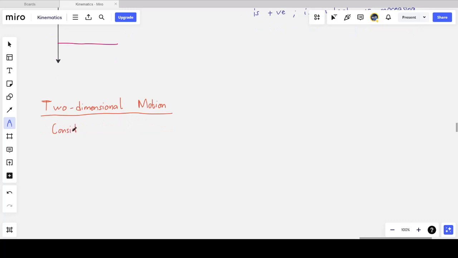So I'm going to take an example and ask you to consider a projectile and, like always, ignore air resistance, because air resistance would make our life a lot more difficult. But a projectile is any object that is only influenced by the force of gravity, and in this case it will be 2-dimensional, so we can assume it's a ball that's kicked.